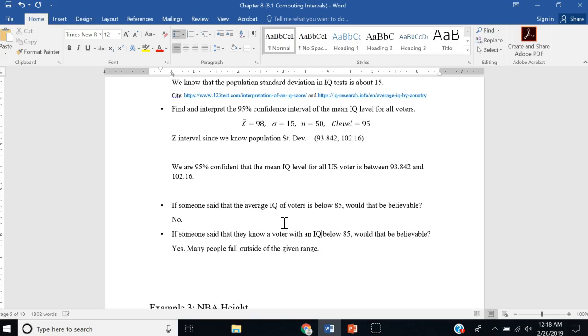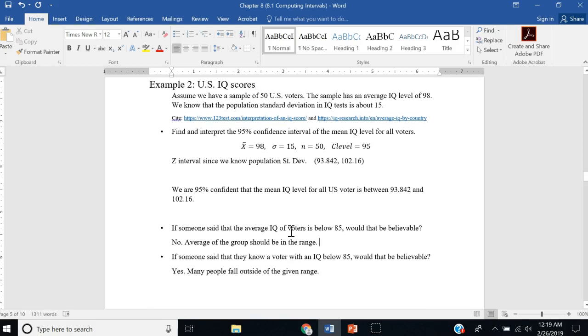But the average of the group should be in the range given, in the confidence interval that we've given here. All right. Hopefully that all makes sense.